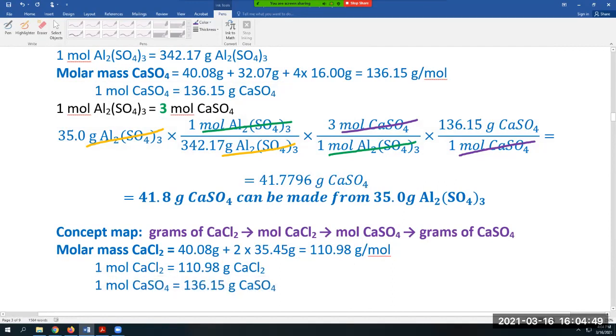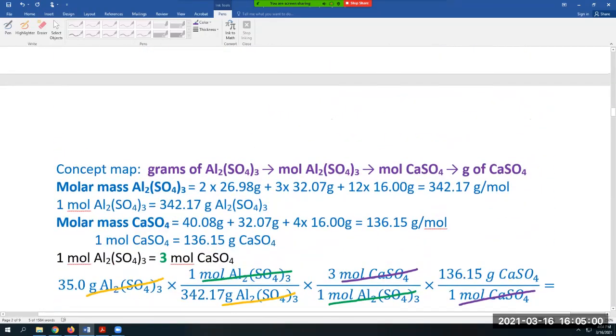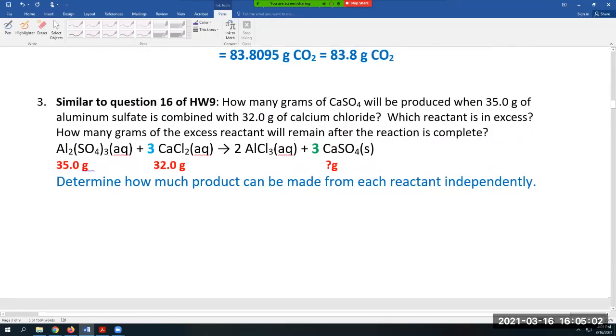The last thing we need is the mole-to-mole conversion between calcium chloride and calcium sulfate. So let's look at the chemical equation for that. The chemical equation shows that 3 moles of calcium chloride are producing 3 moles of calcium sulfate. Even though it's 3 and 3, you need to show these 3s.